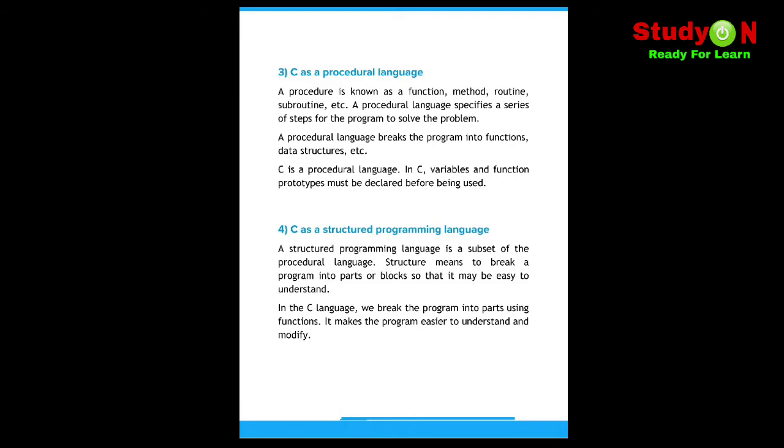In C, variables and function prototypes must be declared before being used. Means if you want to use variables and functions in C language, firstly we have to declare them.